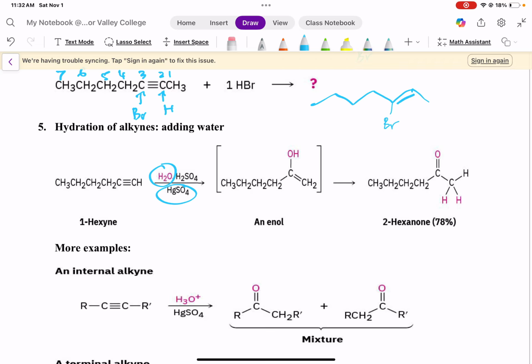So what happened is this hydrogen gets transferred to the carbon, and then the OH bond gets converted to a double bond O. So we end up with 2 hydrogens added to the outside carbon, okay, and oxygen added to the inside carbon. So we got a ketone, like double bond O. I mean 2 hydrogens because water is H2O. You guys can see, and then the oxygen ends up there.